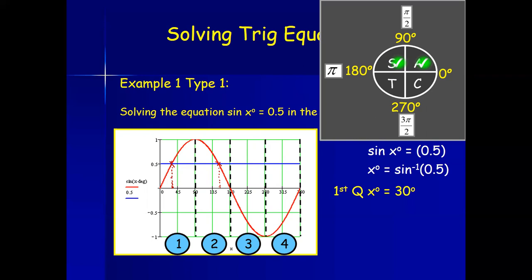So on the first quadrant, I found my answer, what we called alpha. Now I need to find the second one. Remember, looking at the graph, it's 180 take away that angle, or if you prefer using CAST, alpha here, then 180 take away alpha here.